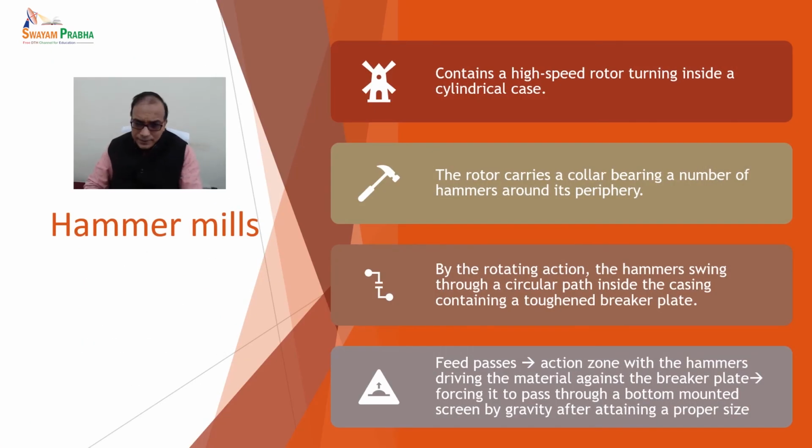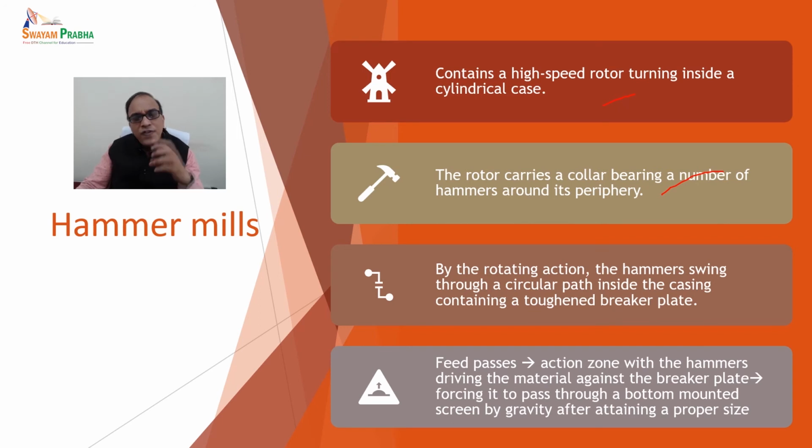Now hammer mills. A hammer mill contains a high-speed rotor turning inside a cylindrical case. The rotor carries a collar bearing a number of hammers around its periphery. By the rotating action, the hammers swing through a circular path inside the casing containing a tapered breaker plate.